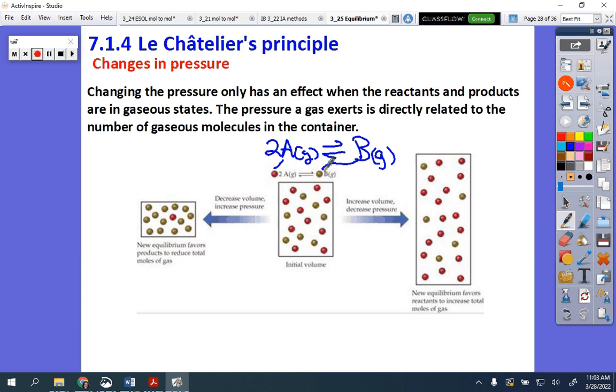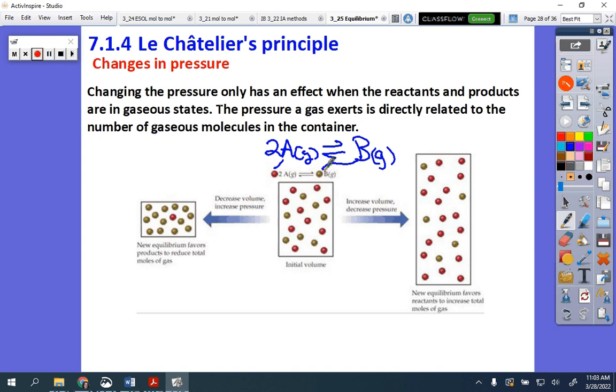If at this point we increase the pressure so that we crowd these gas molecules together, the system is going to react to try to relieve the pressure. And remember that pressure, in a gaseous system, is dependent on how many particles we have and the volume, right? So we increase the pressure by decreasing the volume.